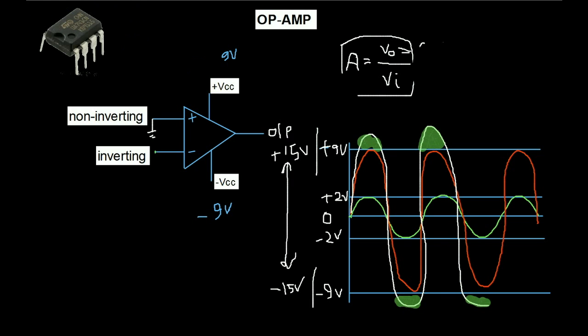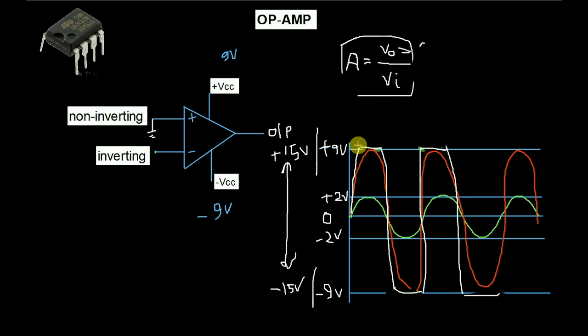That means in the output I will get only this kind of signal, because the extra portion of the amplitude which is beyond the limit, over plus 9 volt, has been saturated to plus 9 volt and minus 9 volt.